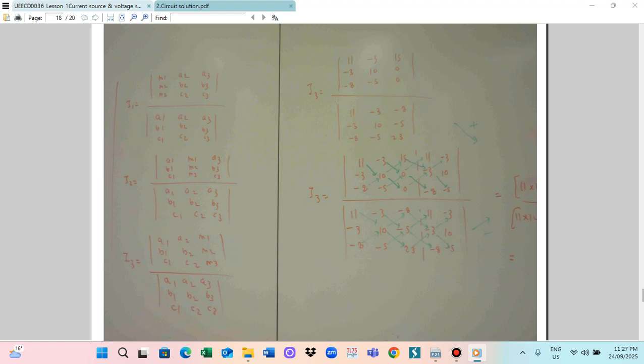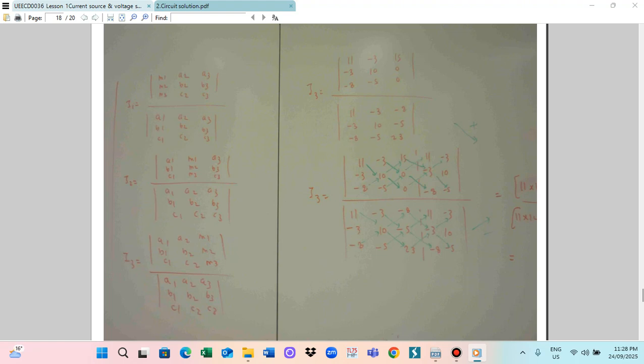The denominator we also calculate: 11 multiplied by 10 multiplied by 23, plus minus 3 multiplied by minus 5 multiplied by minus 8, plus minus 8 multiplied by minus 3 multiplied by minus 5. The negative terms are minus 8 multiplied by 10 multiplied by minus 8, plus minus 5 multiplied by minus 5 multiplied by 11, plus 23 multiplied by minus 3 multiplied by minus 3.